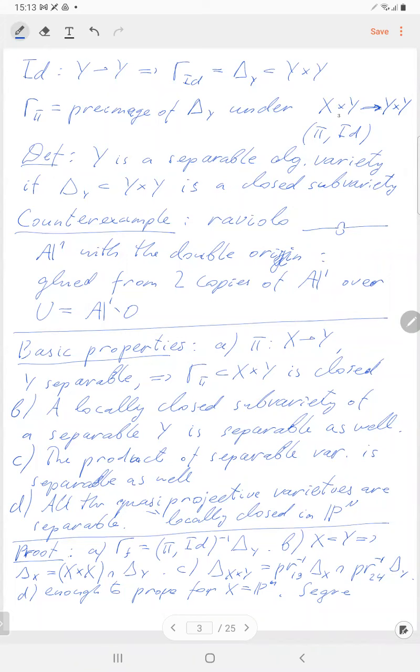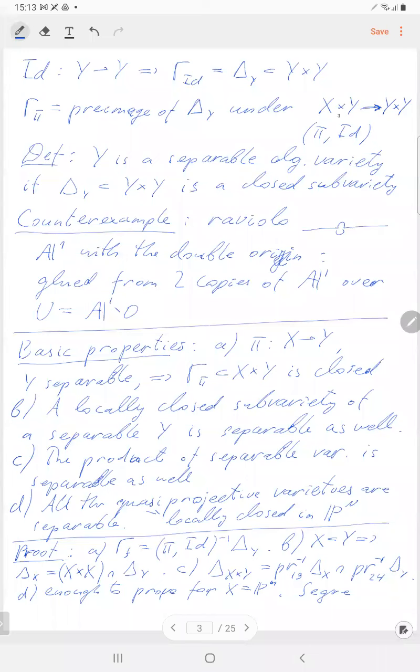For us, subvarieties are the open subvarieties of closed subvarieties, or vice versa, closed subvarieties of open subvarieties. Okay, it's just sort of tautology, just a reminder. When I say subvariety, I mean a locally closed subvariety. Okay, thank you.